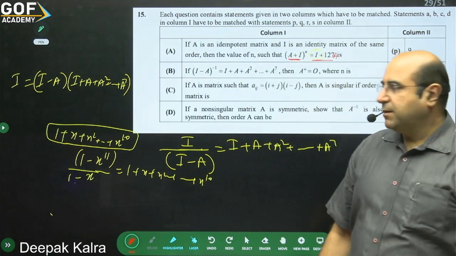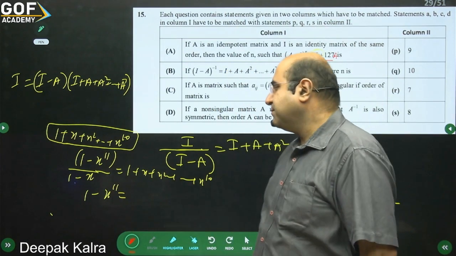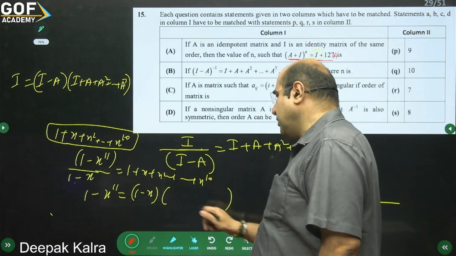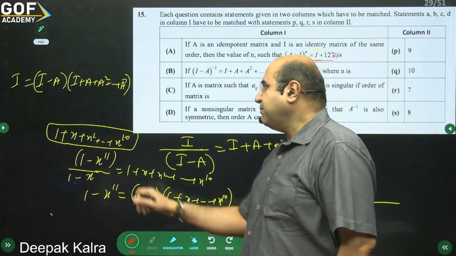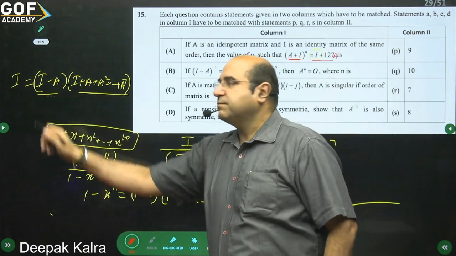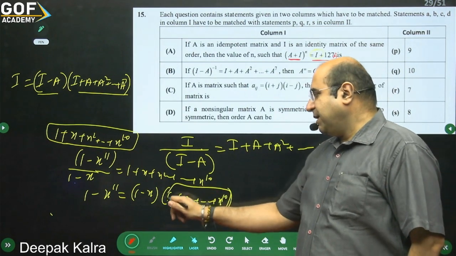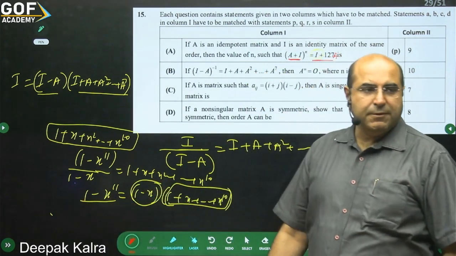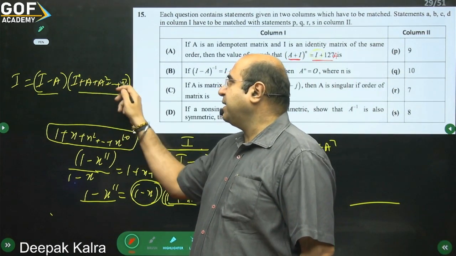You understand? 1 minus x power 11 is nothing but 1 minus x into this whole. Same type of thing is forming over here. Up to 11 terms into 1 minus x is forming 1 minus x11. 7 terms not there, 0 is the beginning, so it is 8 terms.